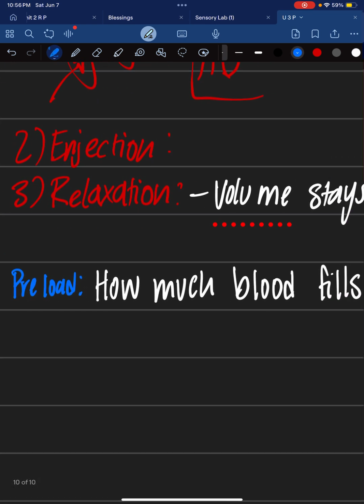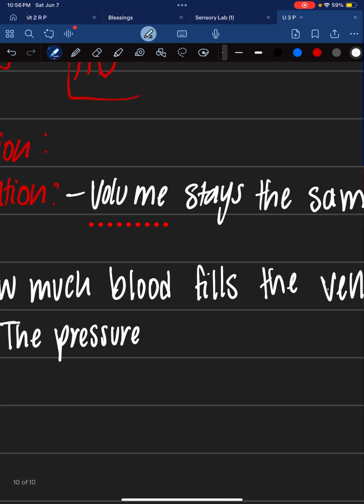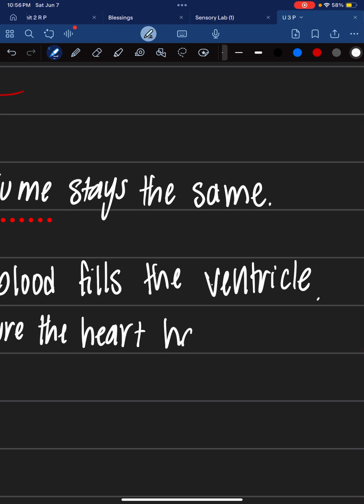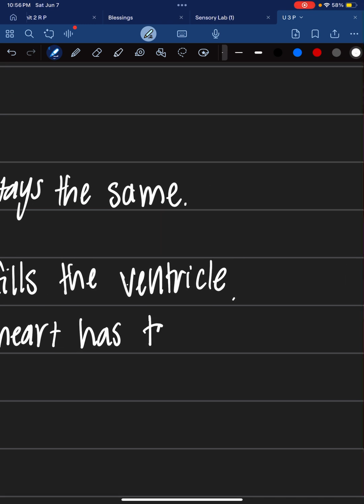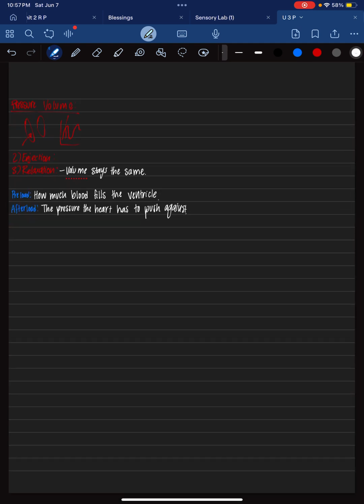And then we have afterload. That is the pressure, so it's how much pressure it's pushing against to eject blood.